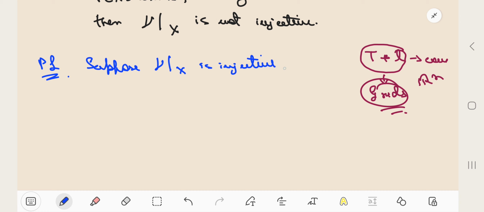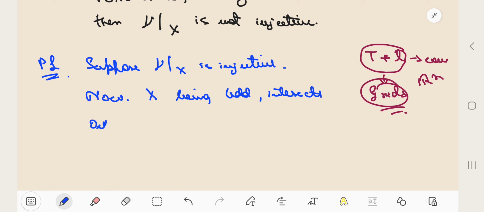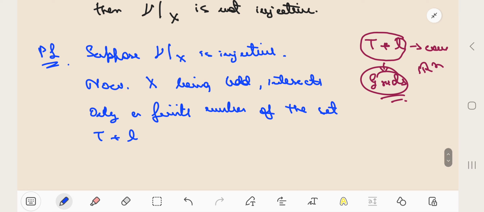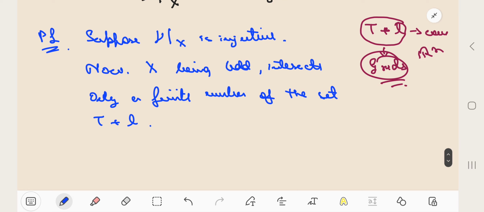Now X, being bounded, intersects only a finite number of these sets T plus L. The reason is that T is just a fundamental domain and the L are just points of the lattice, so I'll get distinct grids.